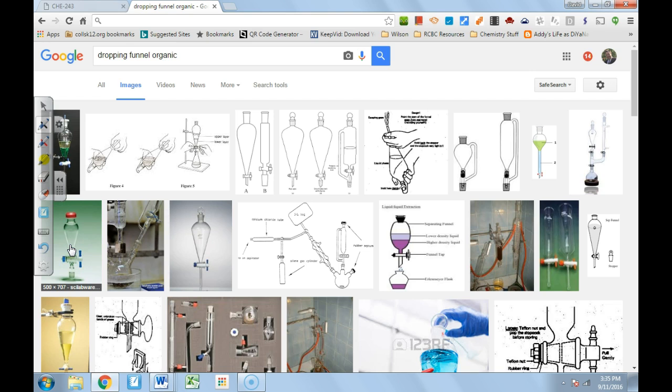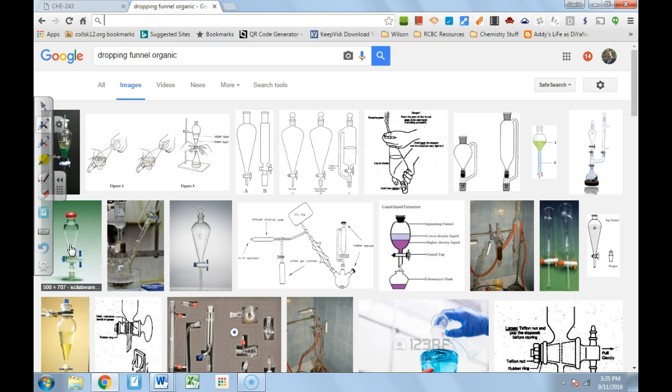Also, with that, you'll probably notice that in our lab, there may not be big enough dropping funnels to fit all 155 milliliters of the bleach in, which is fine.